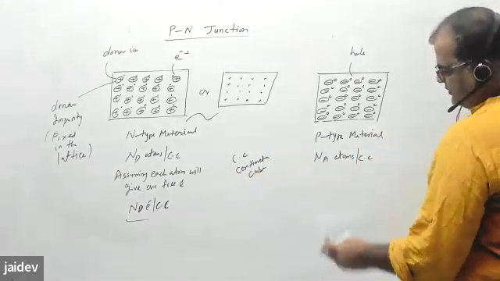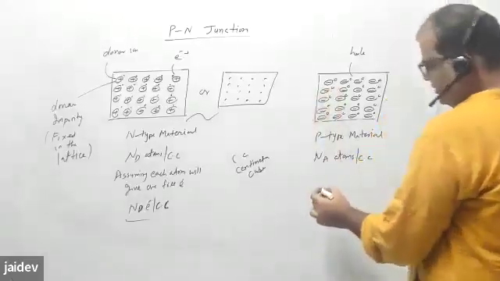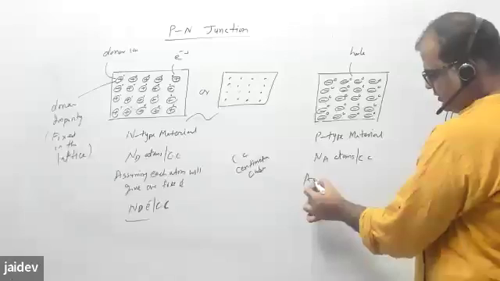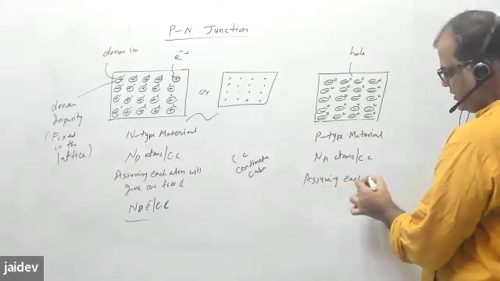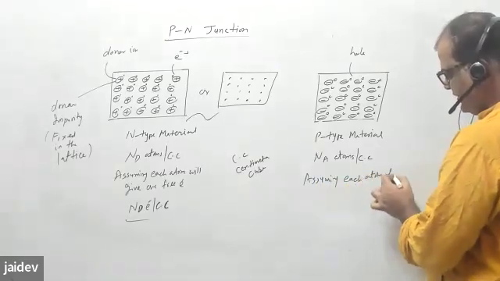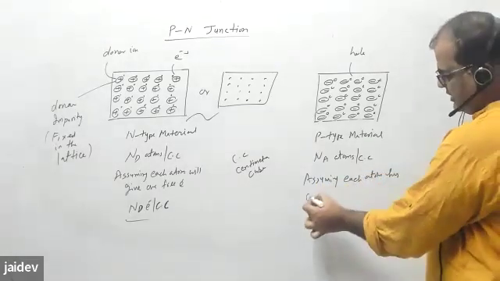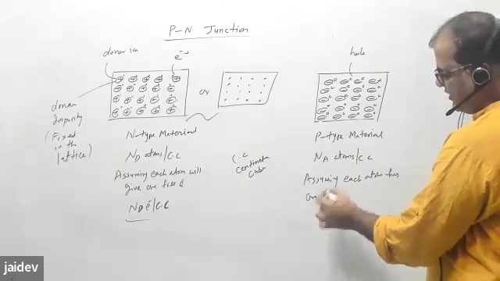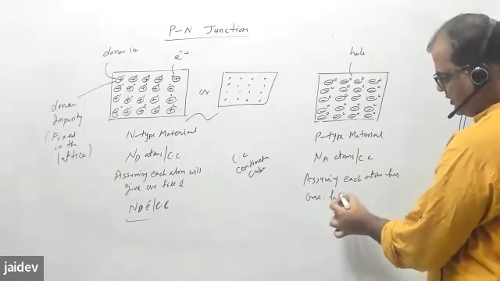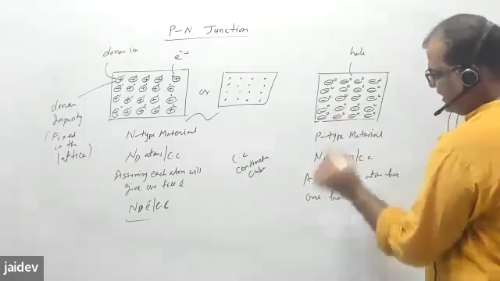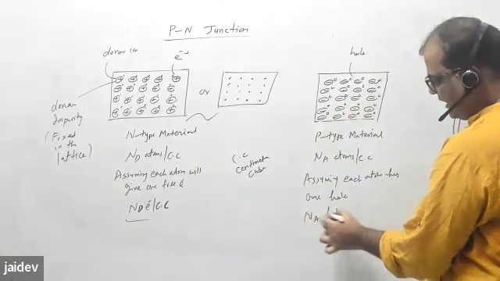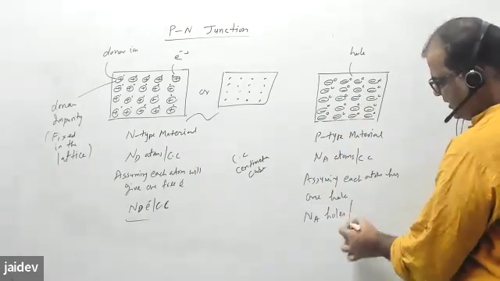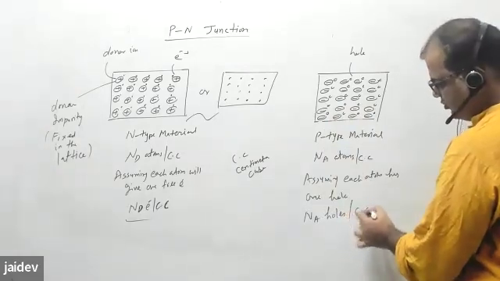And assuming each atom has one neighboring hole, the p-type material has Na holes per cubic centimeter.